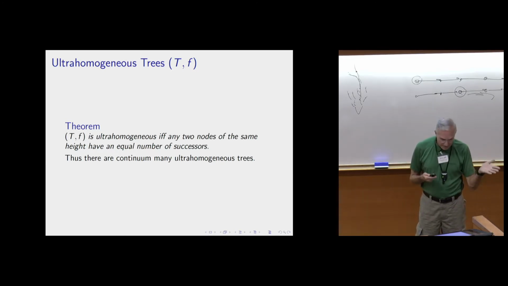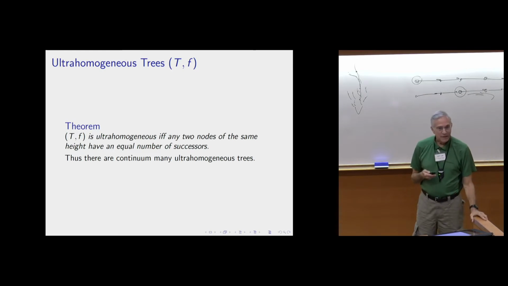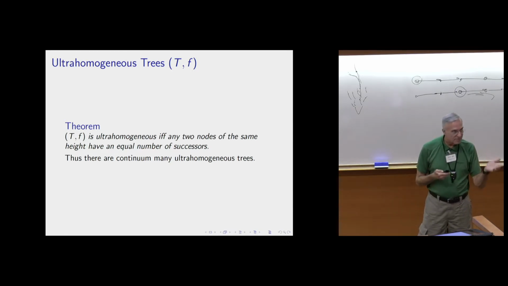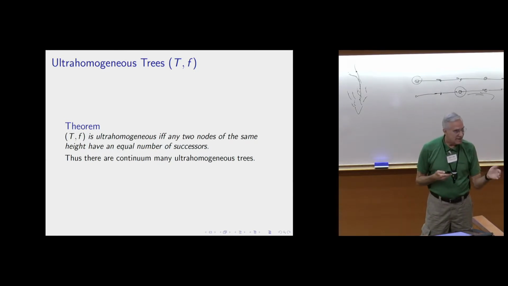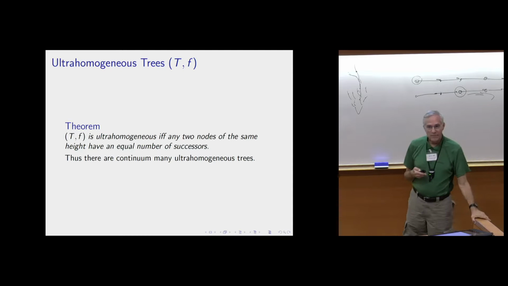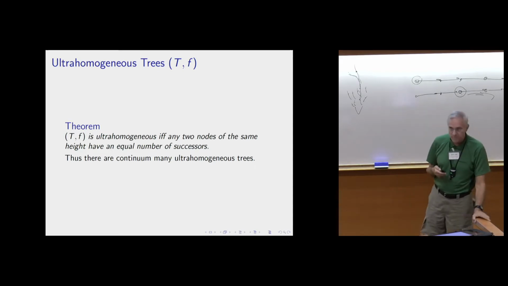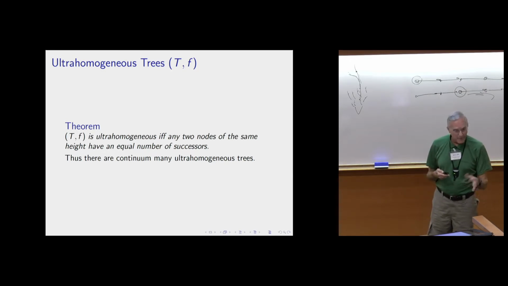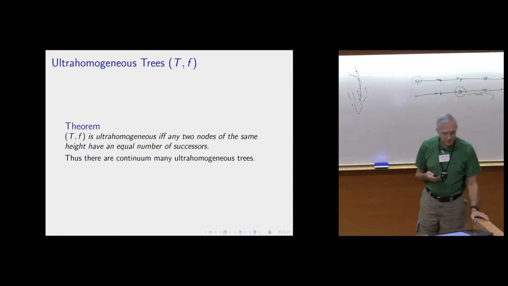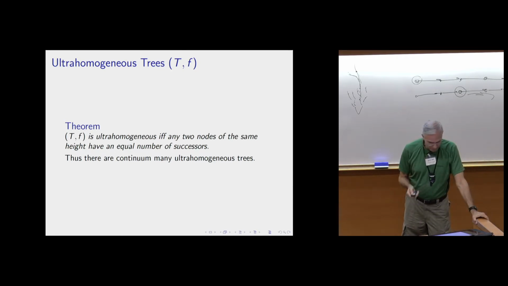And then from those, each of them could have 2 branches, let's say. And then above that, every pair of those branches could have omega branches again. So you can take essentially any infinite sequence of finite numbers and omega and create an ultrahomogeneous tree. So there are going to be continuum many of these already.